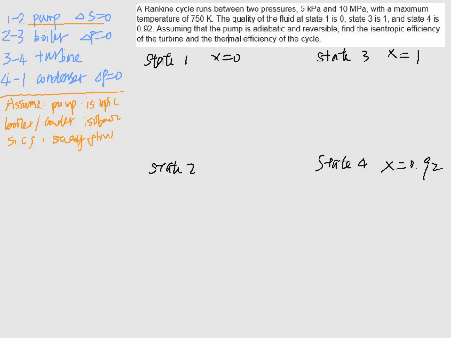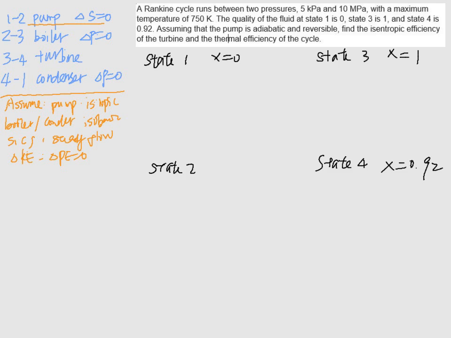Also, we're going to ignore the change in kinetic energy and the change in potential energy. So now we're good with the setup of the problem. And we're asked to find the isentropic efficiency of the turbine and the thermal efficiency of the cycle.